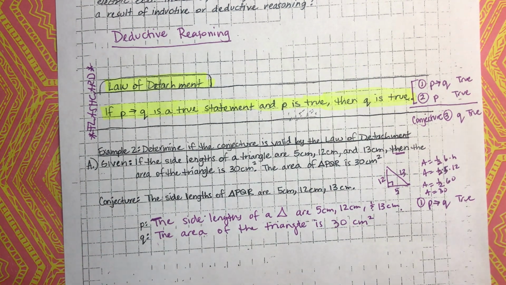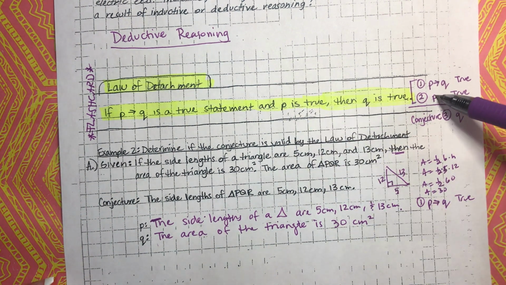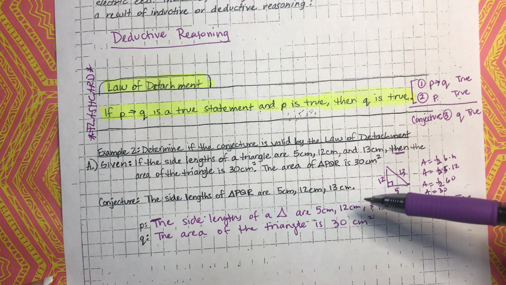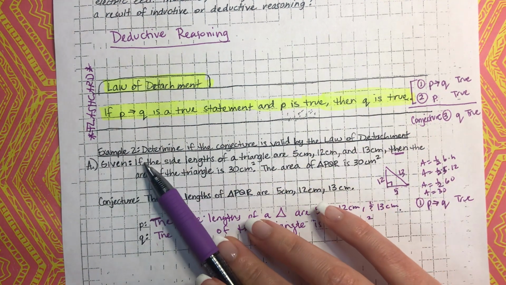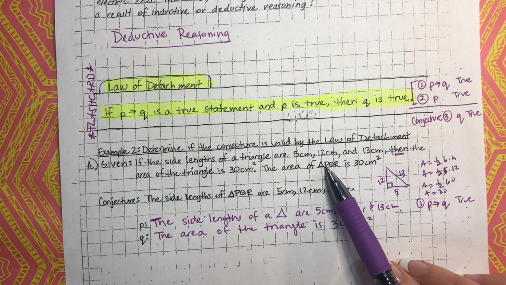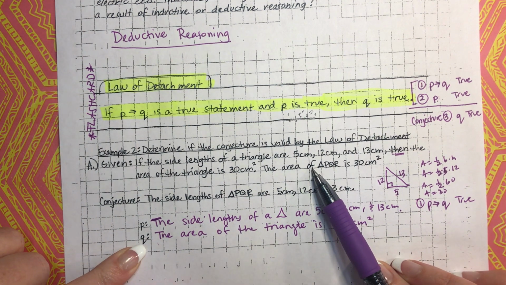All right, cool. So that means that the second sentence must be talking about the hypothesis, which is right here. The side lengths of a triangle are 5 centimeters, 12 centimeters, and 13 centimeters, okay? So after we get done with this conditional here, the next sentence, what is this? Is this the hypothesis or is this the conclusion?